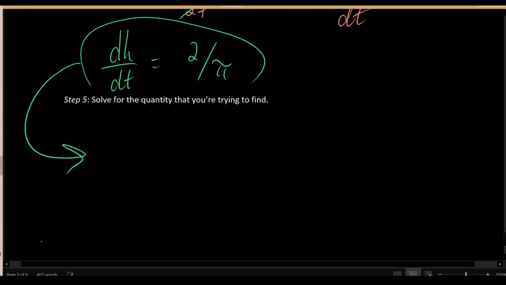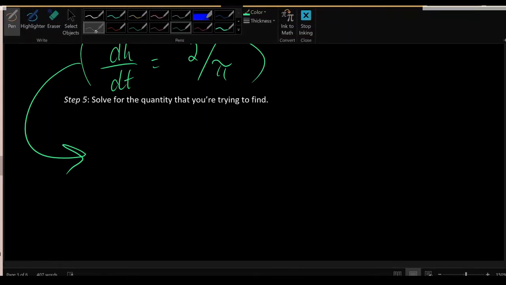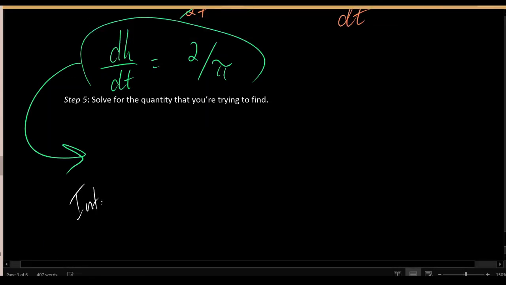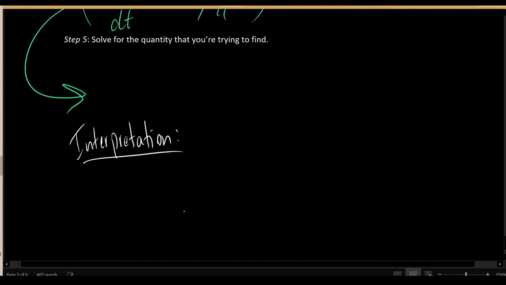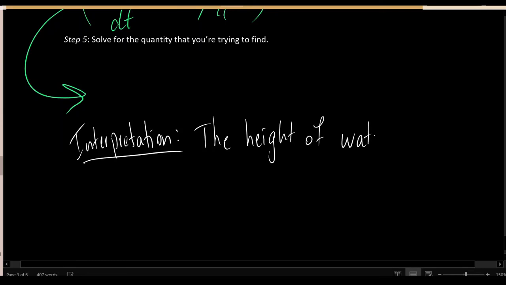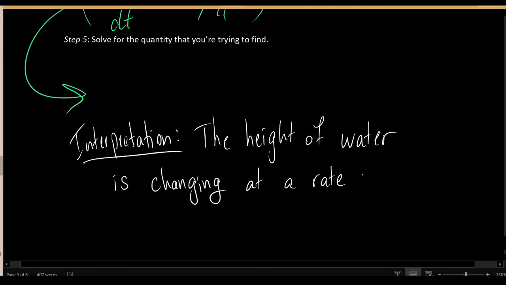How, if I wanted to, would I interpret this result? I would say that the height of the water is changing at a rate of 2 over pi at the specified time.